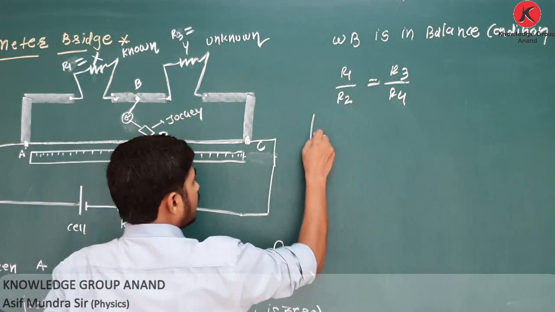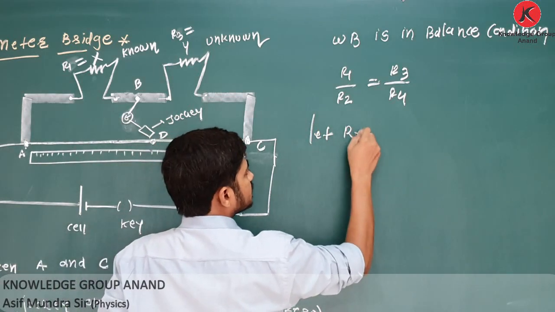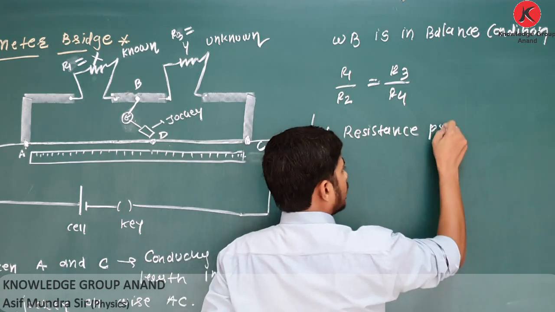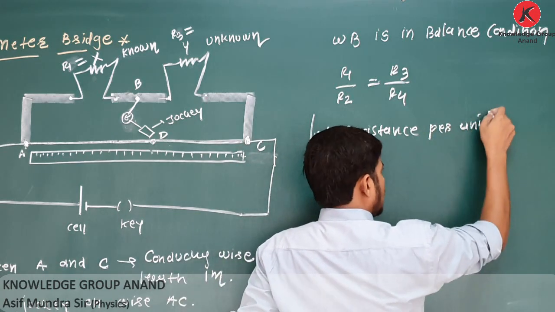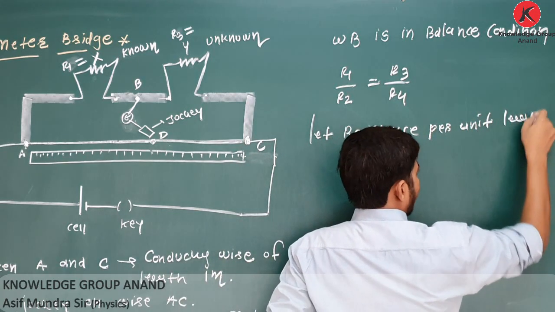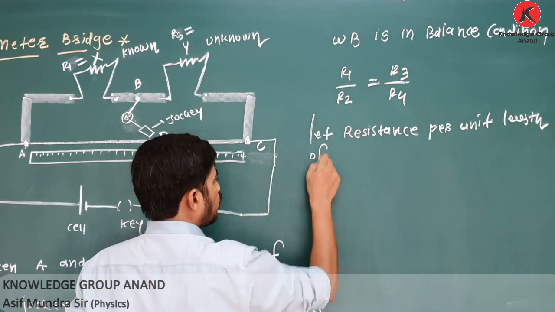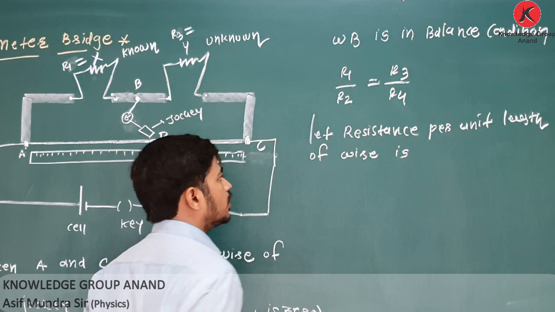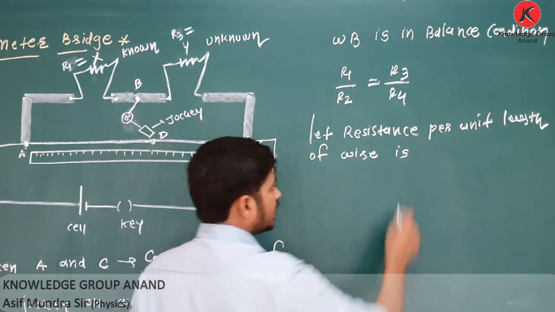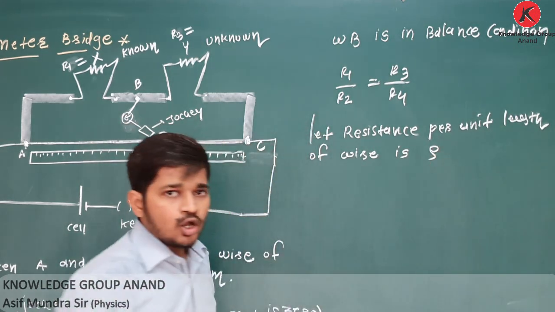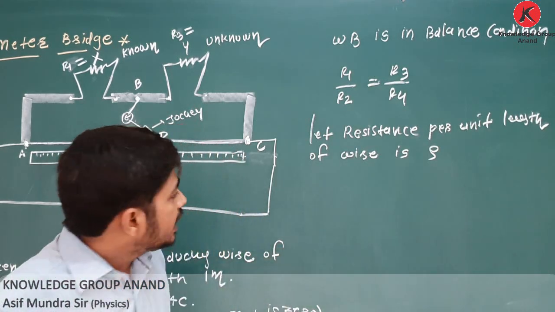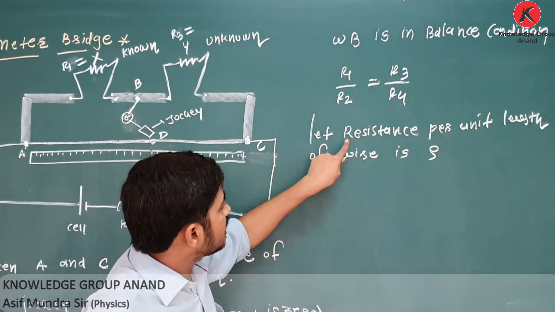Now for this, first of all we will assume one data. Let the resistance per unit length of wire be rho. Again, rho is not density, rho is not resistivity, it is a new variable.